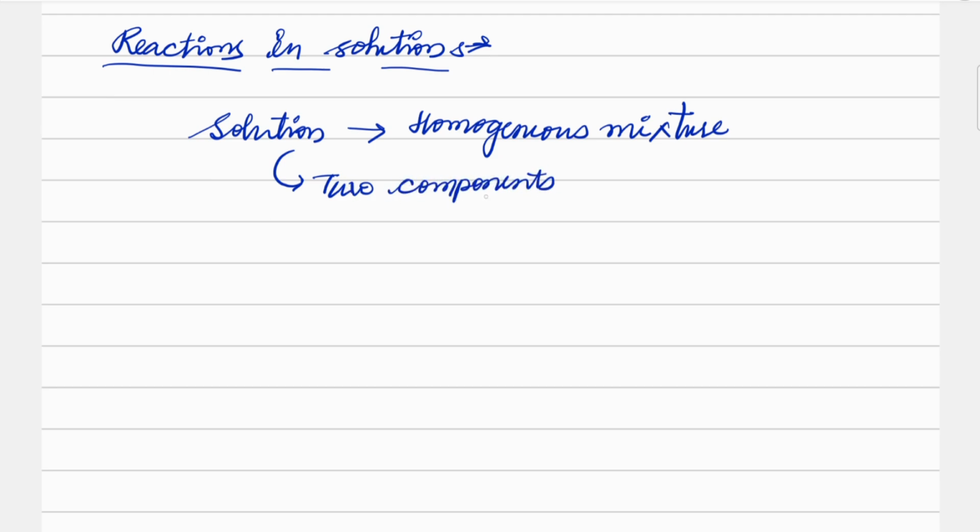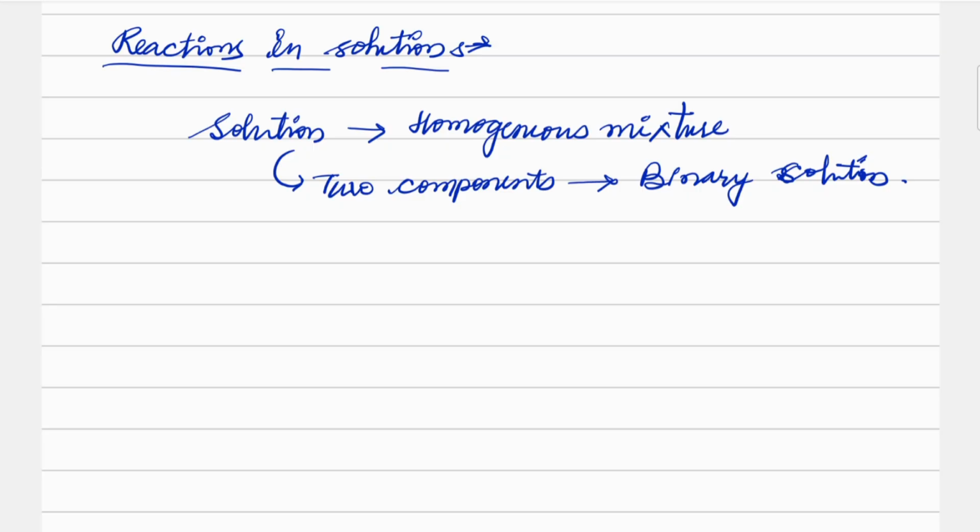A solution with two components is known as a binary solution. So it is not like only two components are present in solutions. Solutions are made up of a number of components also.